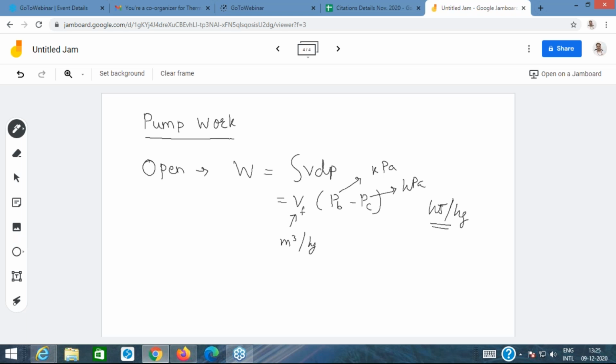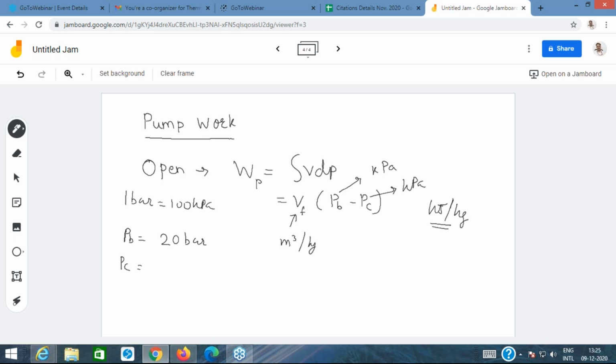So in order to find the pump work, we will make use of this equation, the integral of VDP, because it is an open system, and you need to find this pump work as V into delta P. Now boiler pressure is 20 bar. 1 bar is 100 kilopascals.